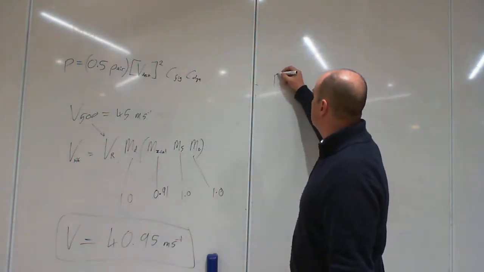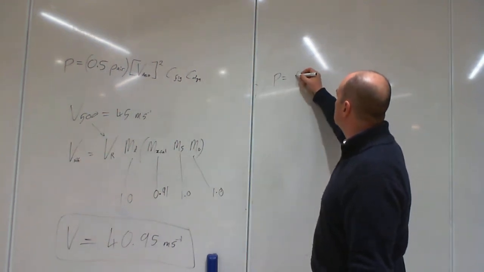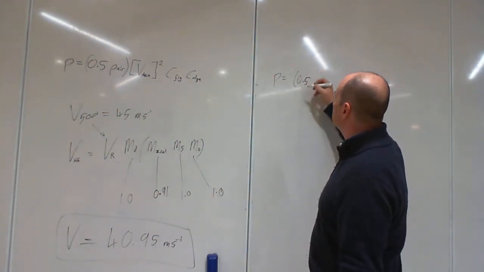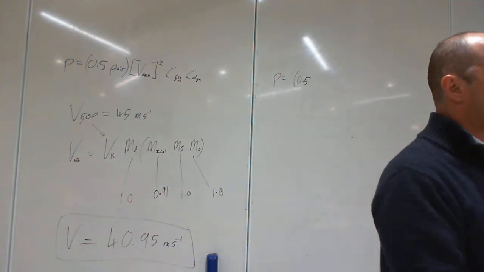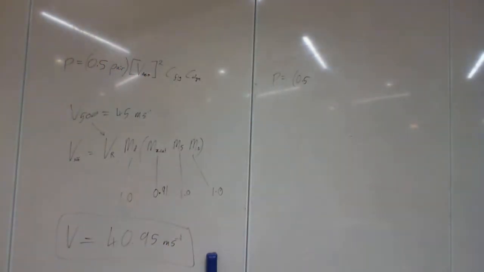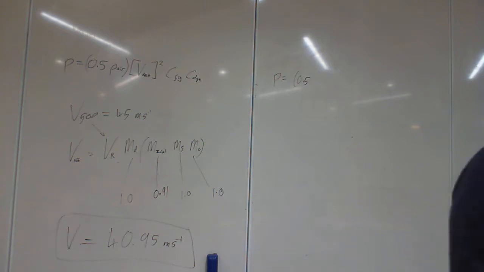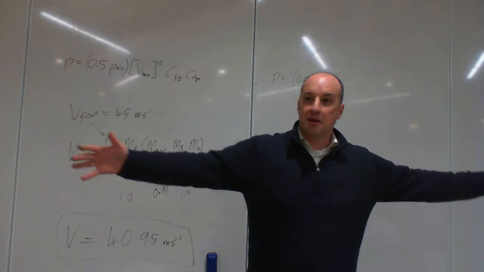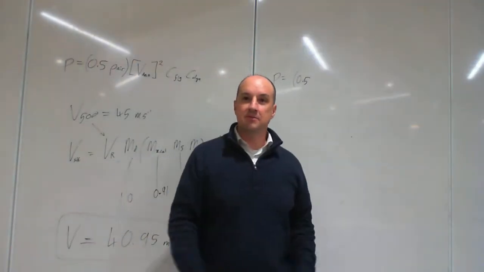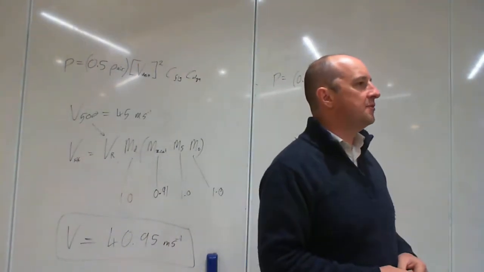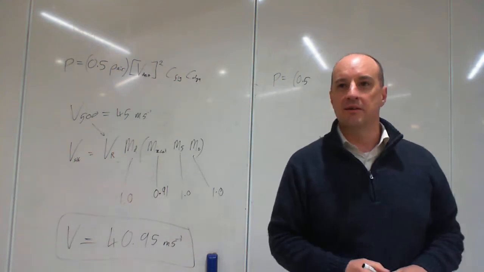All right, so we're going to this equation up here. Our pressure is going to equal 0.5 times the density of air, which is about 1.2. What are the units? Good question. 1.2 kilograms per cubic meter. If you take a cubic meter of air at sea level, you've got about 1.2 kilos of air. All right.